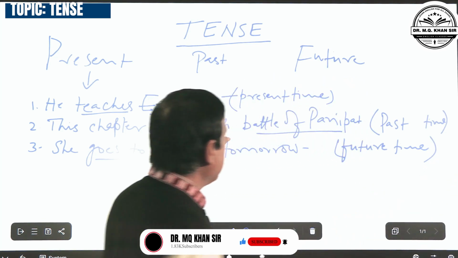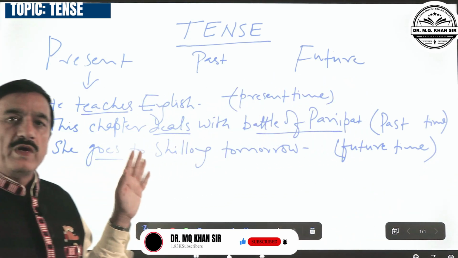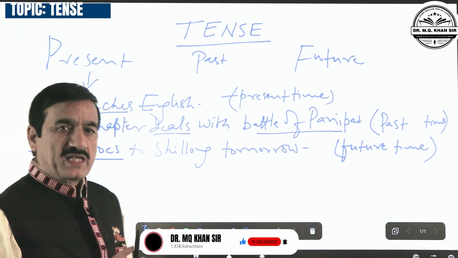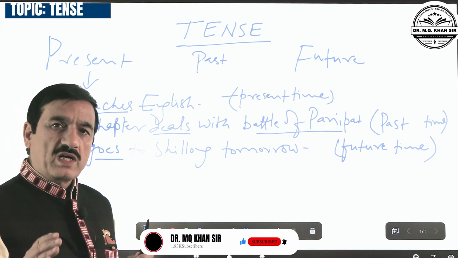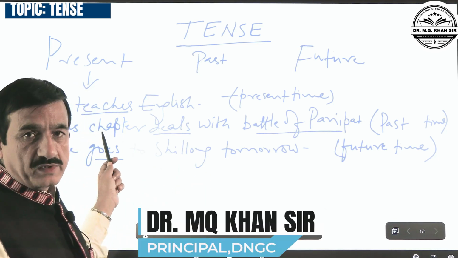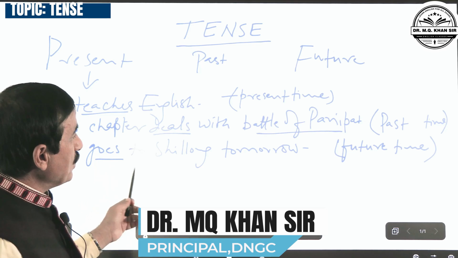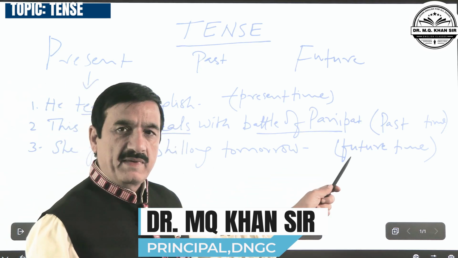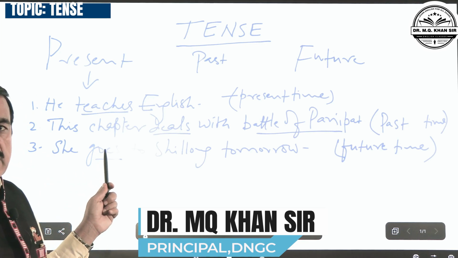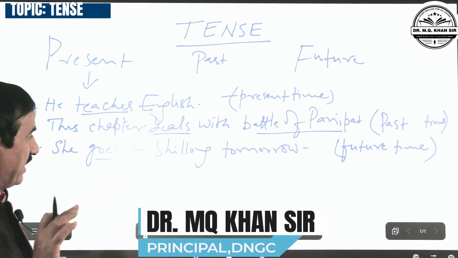So these three examples make it very clear that even simple present tense can talk about past time, as in example number 2. It can also talk about future time, as in sentence number 3. So this point is to be noted.